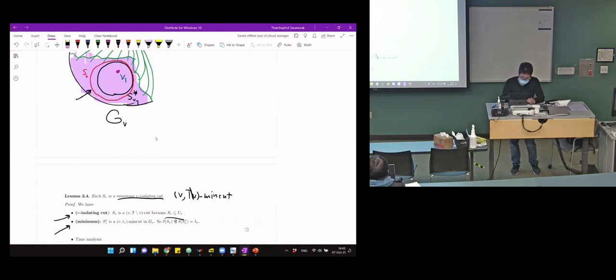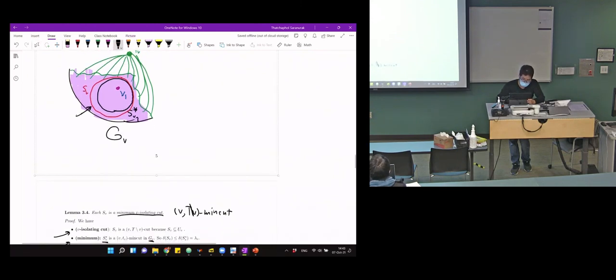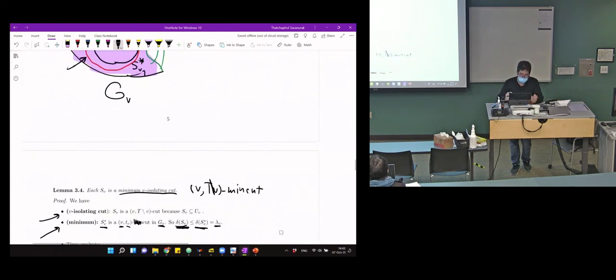This is because S star V inside GV, inside this contracted graph, is also a V-TV cut. It separates TV from V. But we really compute the V and TV min cut. So the cut size here is going to be at most the cut size of S star V, which is at most this. So SV really is a minimum V isolating cut.